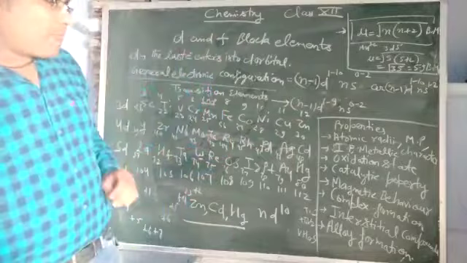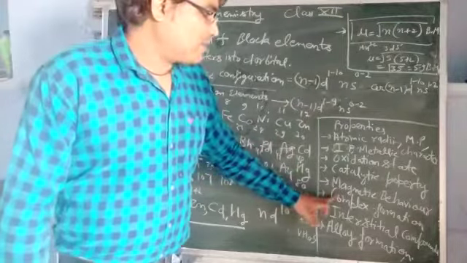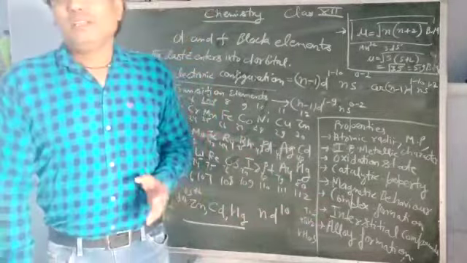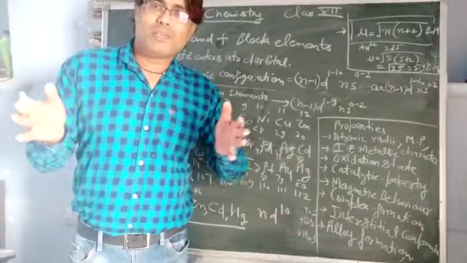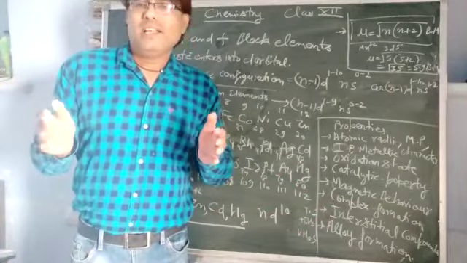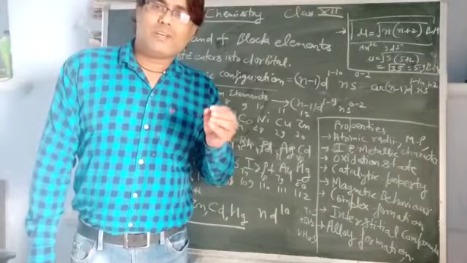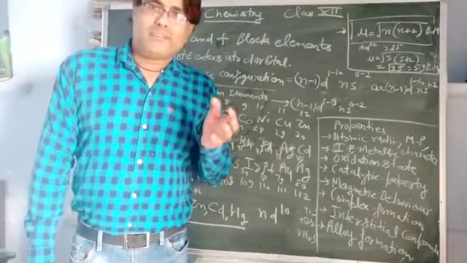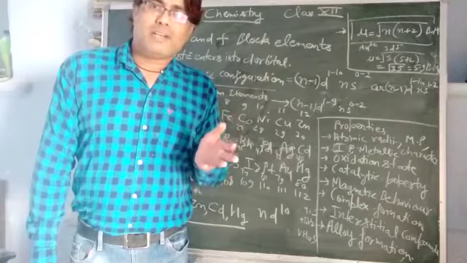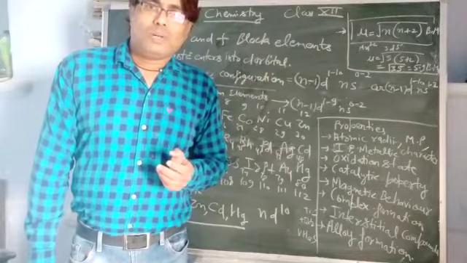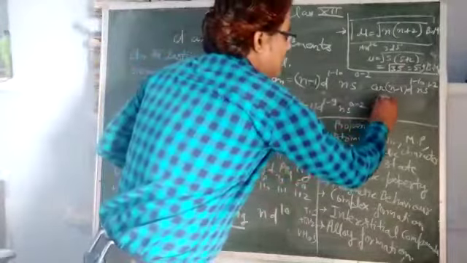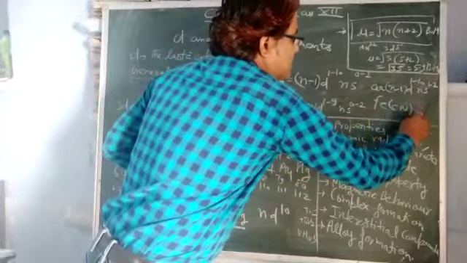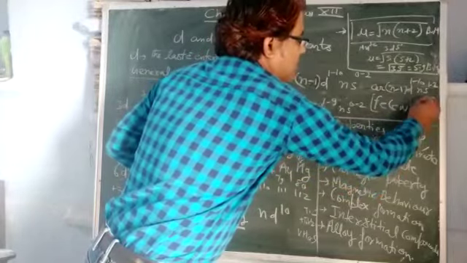Now next, complex formation tendency. I explained to you that the d block elements form complexes. Actually, a complex is a combination of a central metal cation and ligands. Ligands are the molecules which can donate a lone pair. There are different types of ligands such as monodentate, bidentate, polydentate. So we can see one example. Suppose we have this one, [Fe(CN)6]3-.